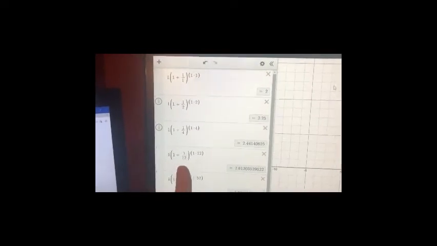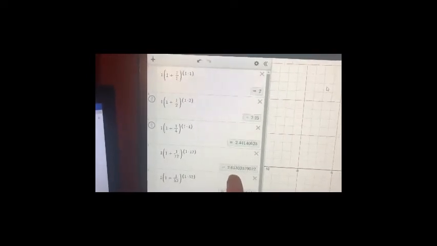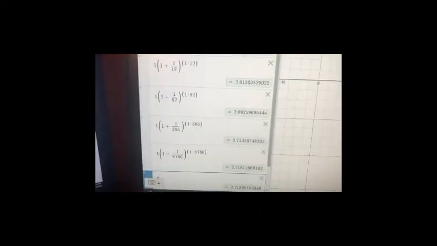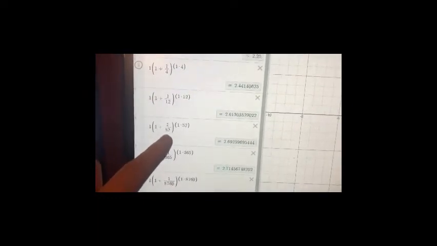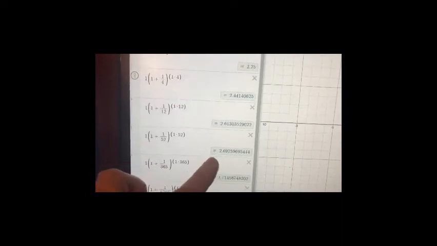If I start with $1 and I compound it monthly, then I come out with $2.61. As I work my way down and I change my n to numbers that are bigger and bigger, so if I compound weekly, if I put in 52, since there are 52 weeks in a year, I get $2.69.